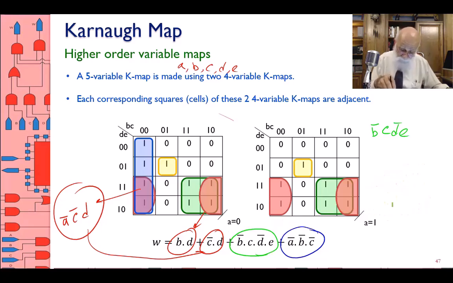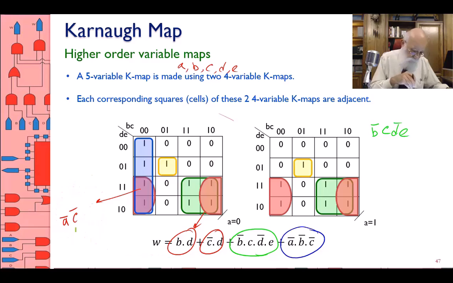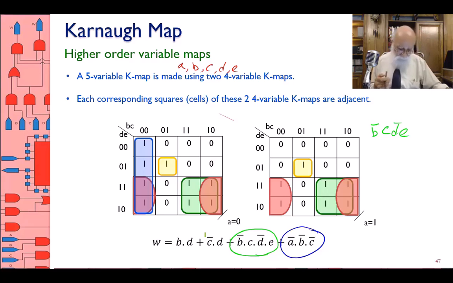But then do I have other prime implicants? Okay, let me do something here. This one, this, how do I mark this here?